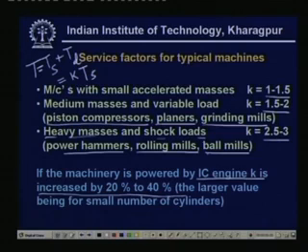Now, that is very important, because IC engines, all of you know that the force or the torque transmitted by an IC engine is very irregular. For example, in a 4-stroke engine, in one stroke there is a large compression.